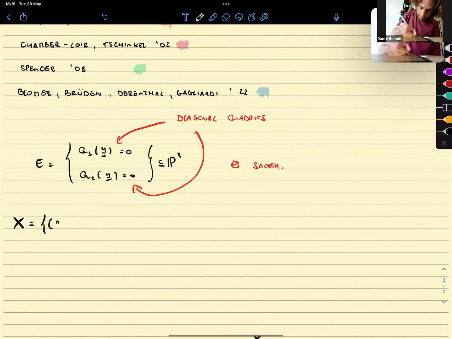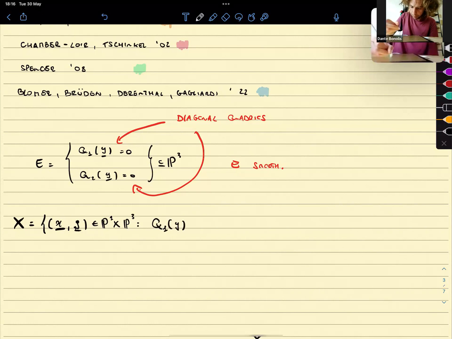We are looking for points in the cross product P1 cross P3 such that the following equation holds: Q1(y) times x1 needs to be equal to Q2(y) times x2. Here I use the convention that x is (x1, x2).